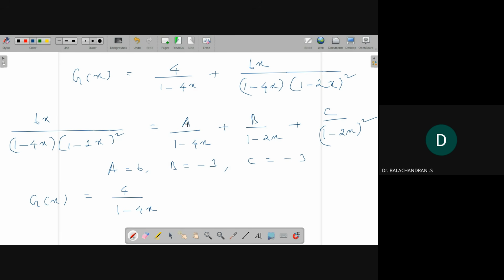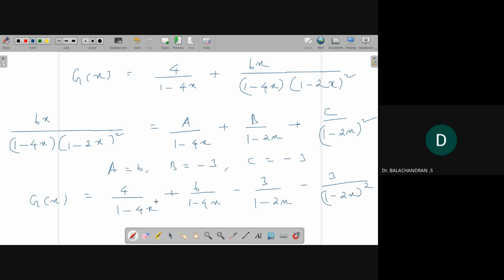This one you can write, a is 6 by 1 minus 4x, minus 3 by 1 minus 2x, minus 3 by 1 minus 2x whole power 2.